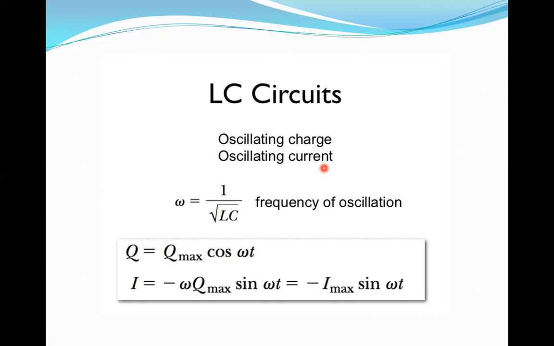Sorry, omega is equal to 1 upon under root of LC, and F, as it is a reciprocal of T, and T is equal to 2 pi by omega, so we can have the frequency as F is equal to 1 upon 2 pi into under root of 1 by LC.